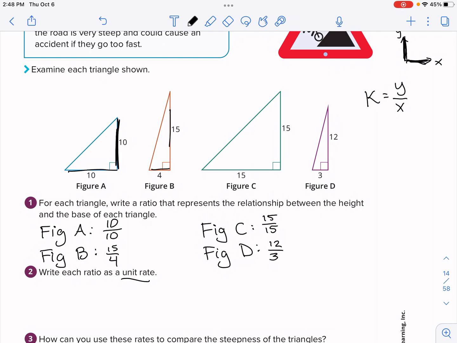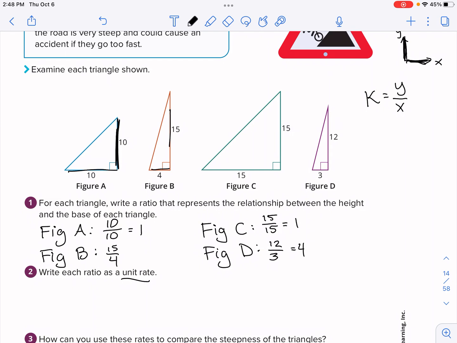So pretty much we're just going to divide them out. Let's start with figure A. Instead of writing it in this space, I'm just going to write it next to the ratio. 10 divided by 10 is 1. I'm going to skip to figure C. 15 divided by 15 is also 1. And figure D, we'll have 12 divided by 3, which is 4.